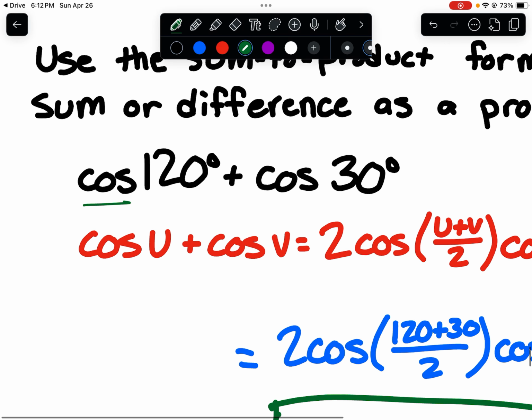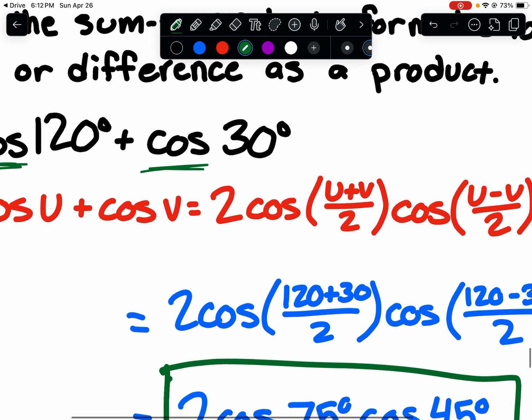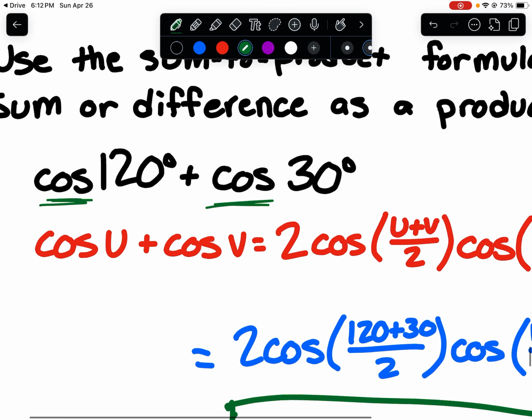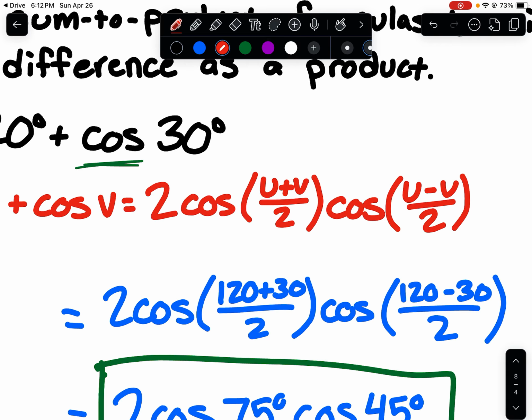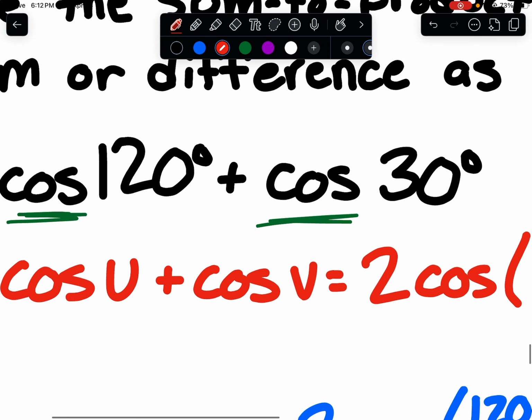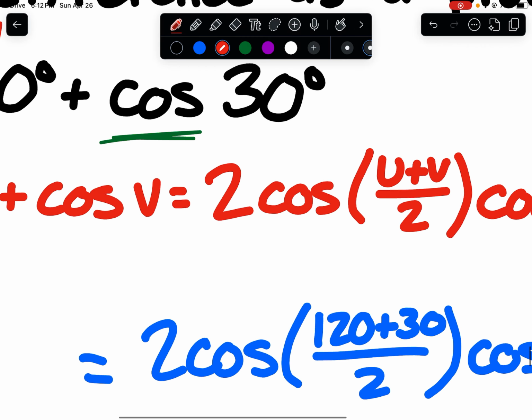So if we're going to start with cosine of 120 plus cosine of 30, again, I'm going to take a look at, okay, it goes cosine, then cosine. That's how I'm determining which formula to use. And so I found the cosine u plus cosine v is equal to 2 cosine u plus v over 2 cosine u minus v over 2, sorry.